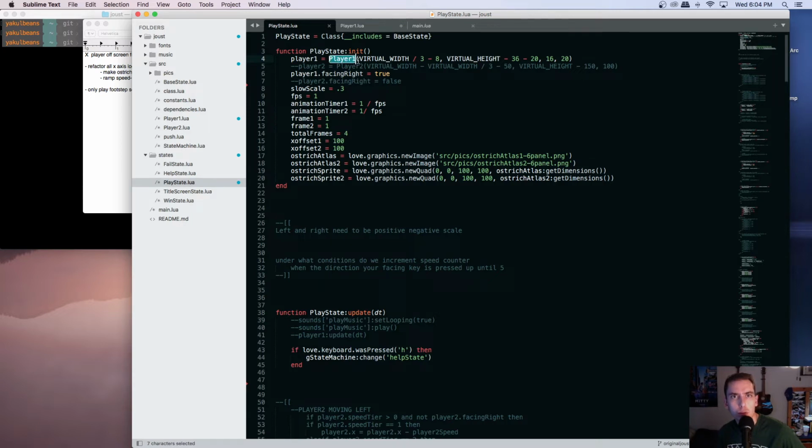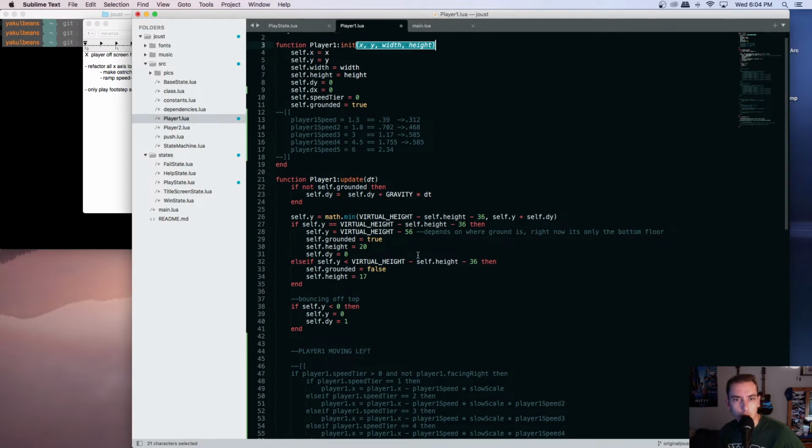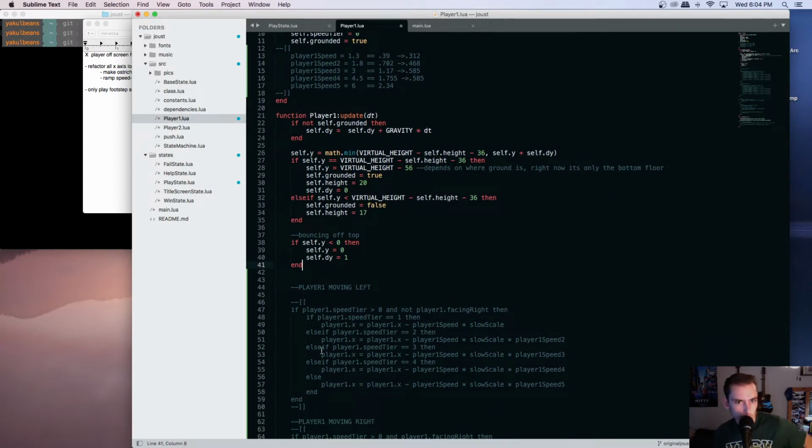This code right here, player one with the parentheses, that's me instantiating the player one class, just like this, player one and then parentheses, and it takes in those parameters. So yeah, instead of player1.x and whatnot, it would just be self.x. Even though it's kind of the same thing, because there's only going to be one, I just have to do it like that.